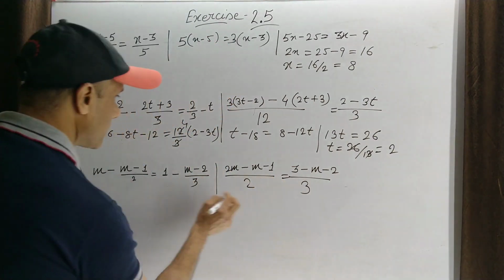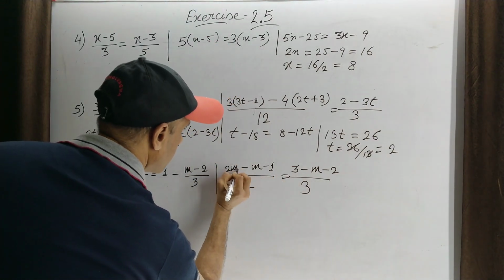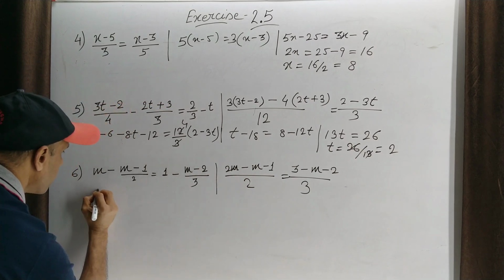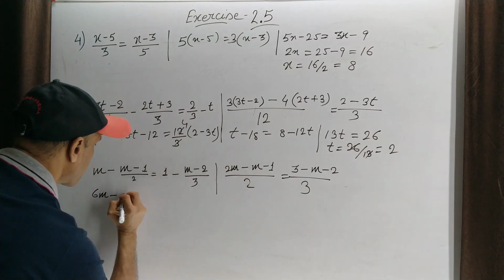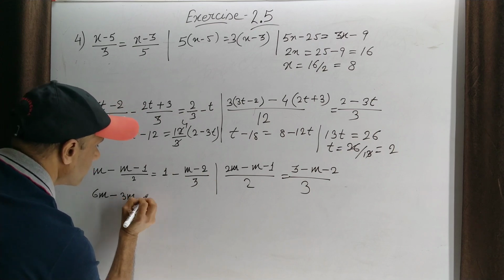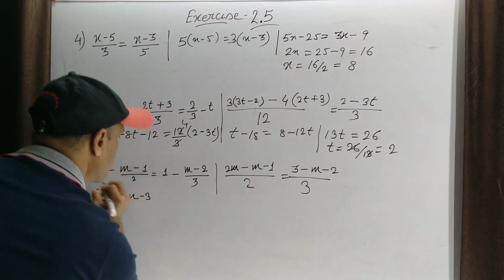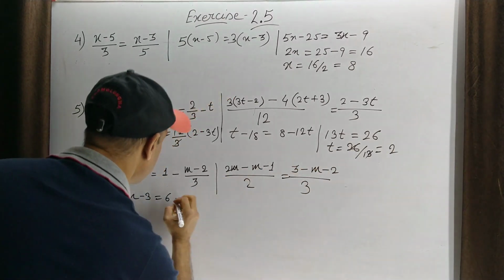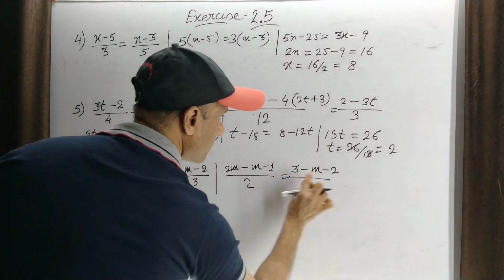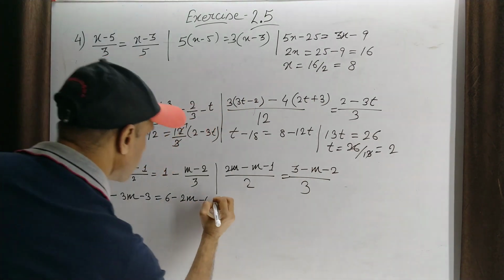So let's simplify it further. We cross multiply, and we get 6m minus 3m minus 3 is equal to 6 minus 2m minus 4.